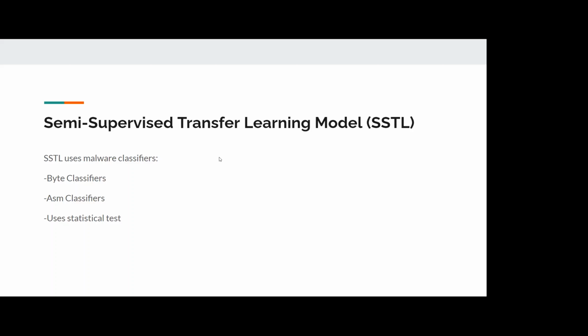It uses the assembly classifier, which is more accurate than the byte classifier, to predict and create a new training data set based on it. Then it uses a statistical test to compare and analyze the advantages and disadvantages of the feature extraction and classification algorithms to make the byte classifiers and the assembly classifiers.